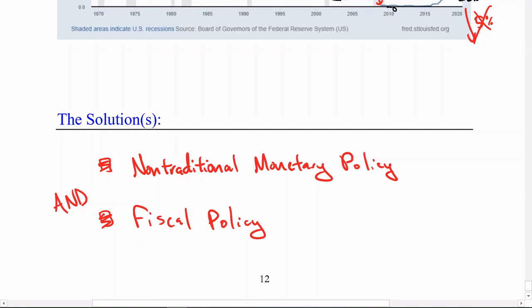Okay, which is all of the stuff coming out of Congress. So the stimulus checks, the business loans, bailouts, and so on and so forth. Anything coming from Congress, we can be thinking of that as a fiscal policy response.